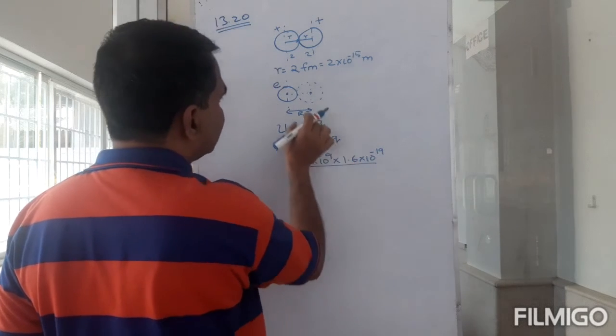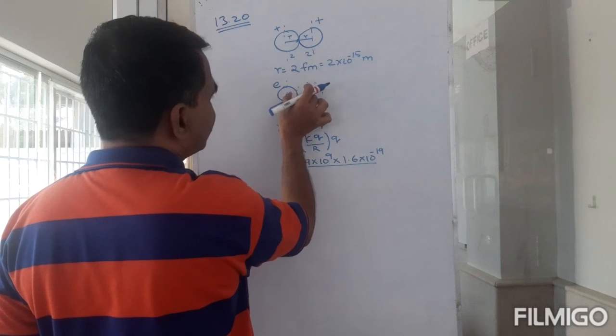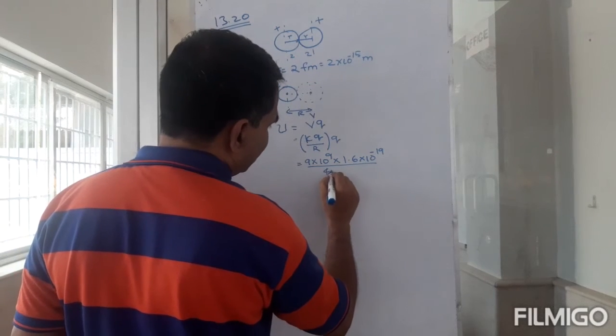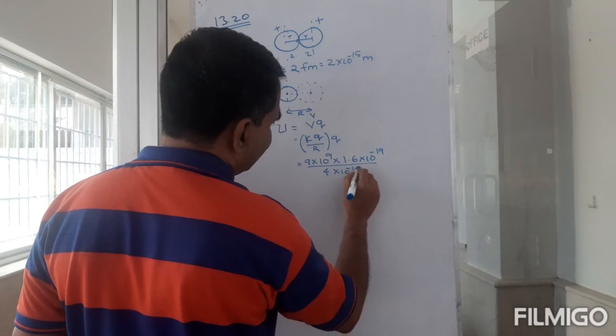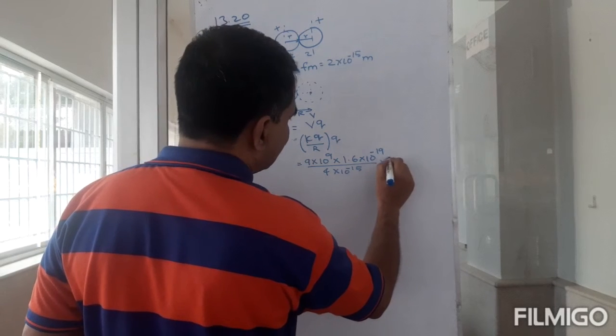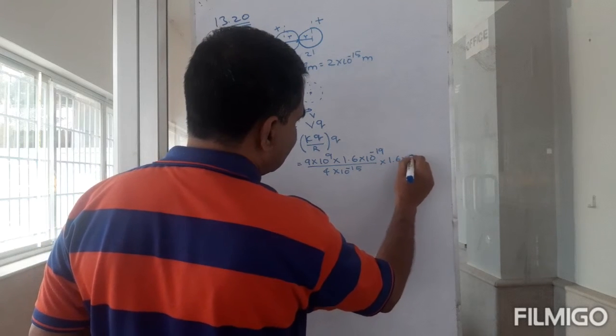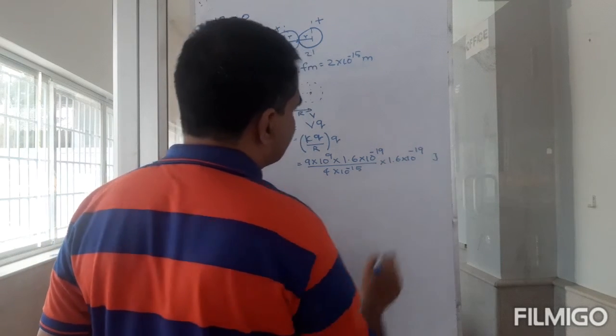And what is R? This is 2 femtometers and this is 2 femtometers, 4 femtometers. So 4 into 10 power minus 15, into 1.6 into 10 power minus 19 joules.